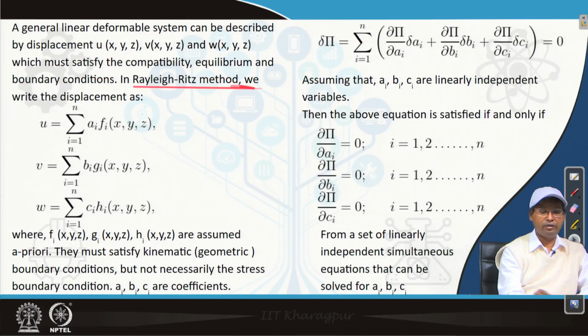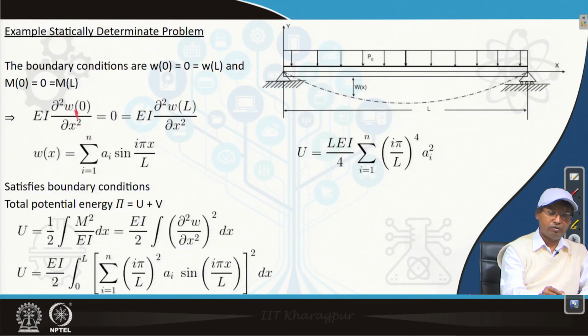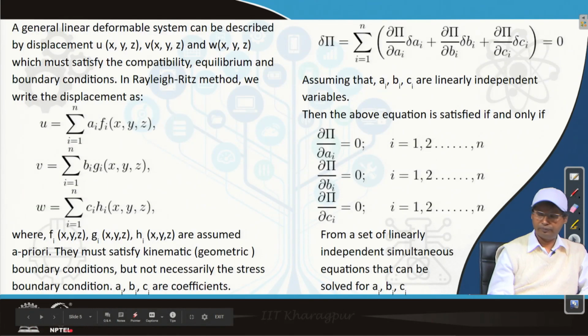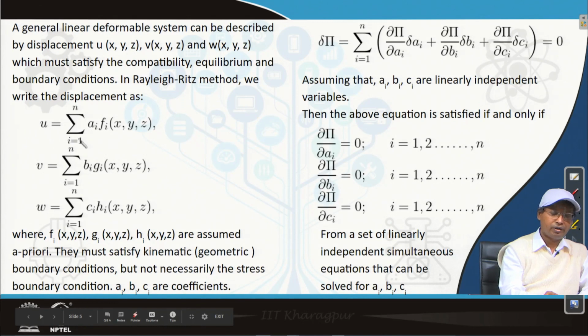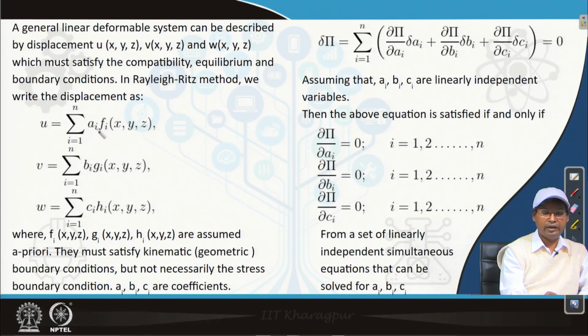In the Rayleigh-Ritz method, we write the displacements as u equals summation of i equals 1 to n, a i f i(x, y, z), v equals summation of i equals 1 to n, b i g i(x, y, z), where the coefficient is b i, and here the coefficient is c i, and we define w, which is a function of x, y, z.